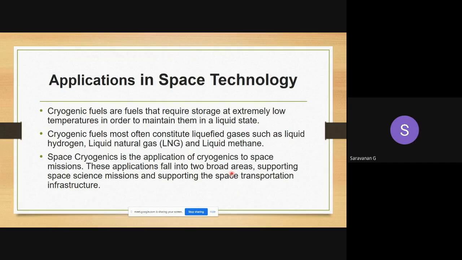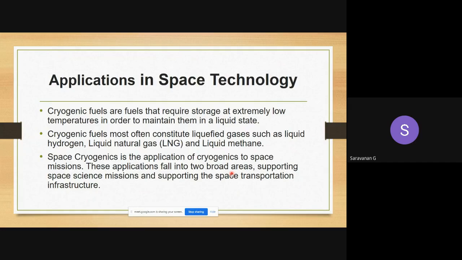There is a difference between storable propellants and these cryogenic propellants. Cryogenic fuel most often constitutes liquefied gases such as liquid hydrogen, liquid oxygen, liquid nitrogen, liquid natural gas, liquid methane, and liquid helium. Cryogenics in space technology are mostly used on space missions.